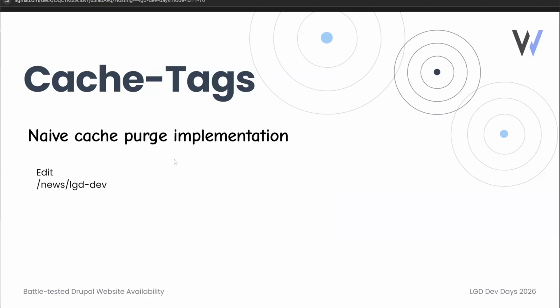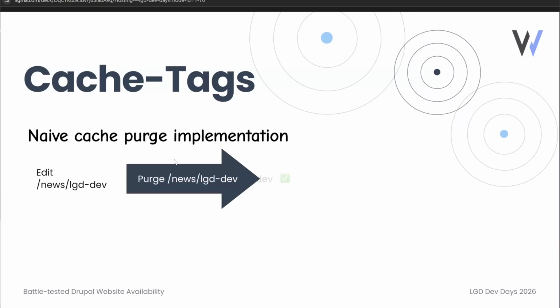So I wanted to go into this quickly because this is my favorite part of Drupal. How does it know what content to clear from cache when you update a page? So for example, if you edit a news article that's live on your site, you might think you just need to purge the URL of that news article, which is good.